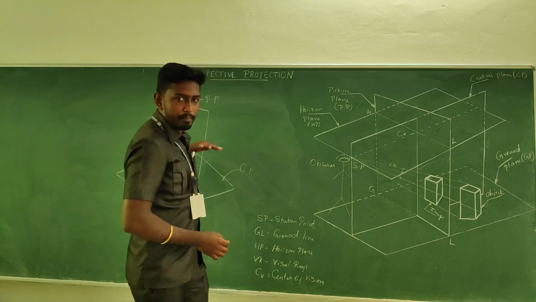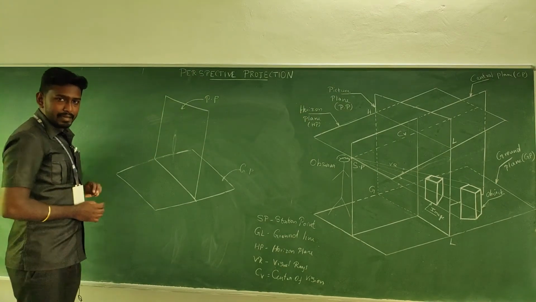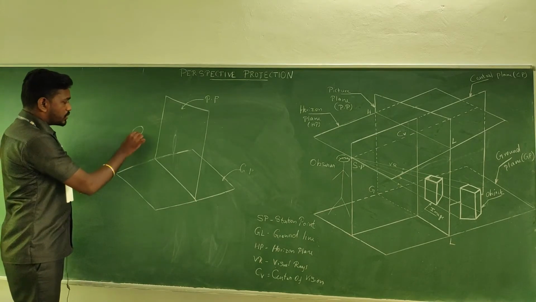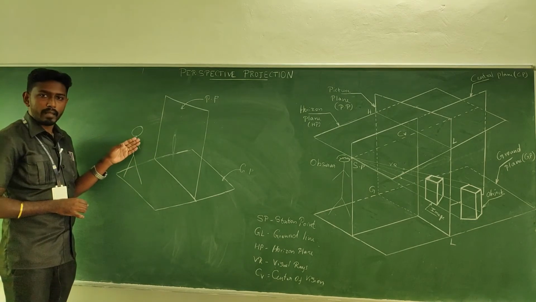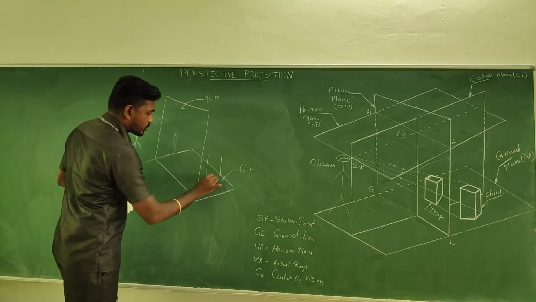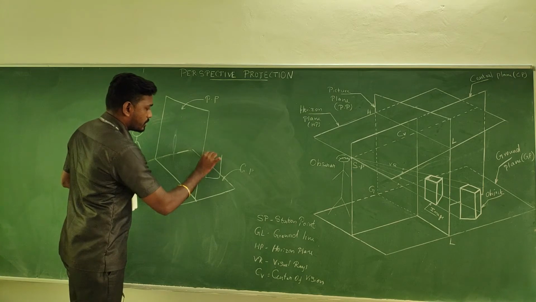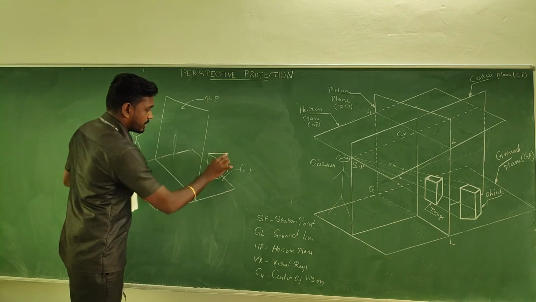And then the observer will be there. If I keep any object like a square prism, the position will be something like this.